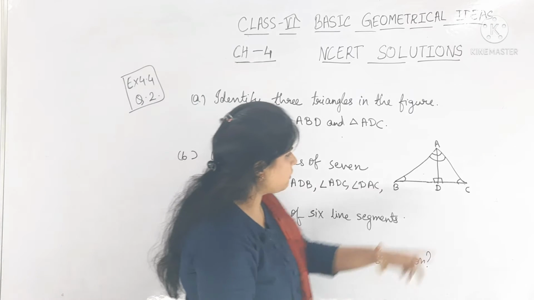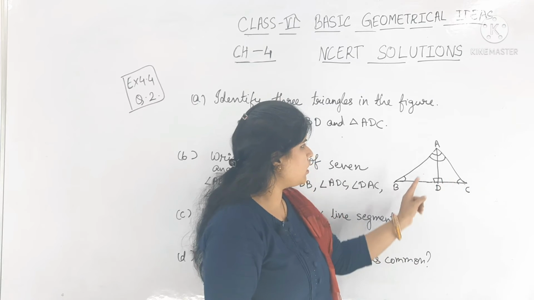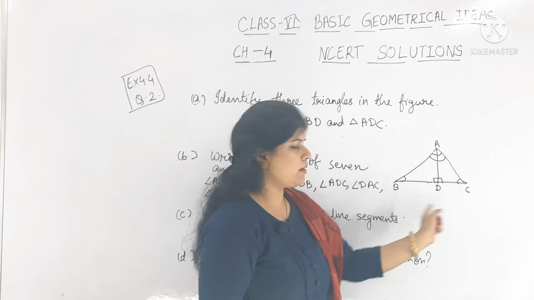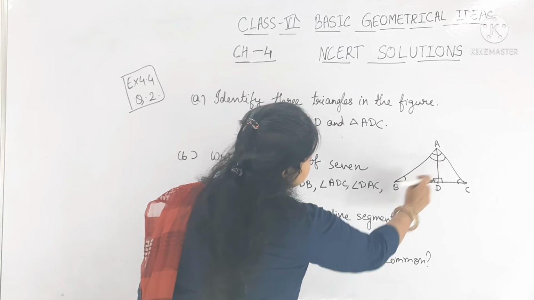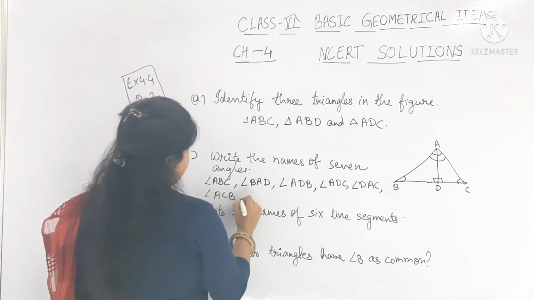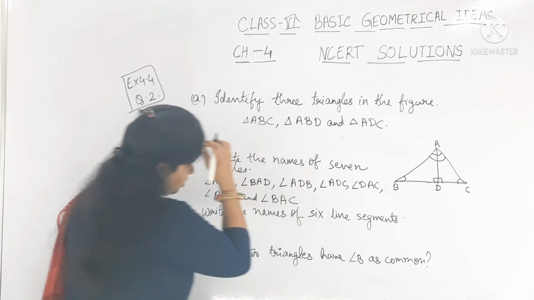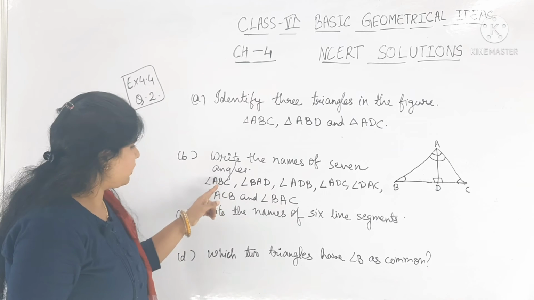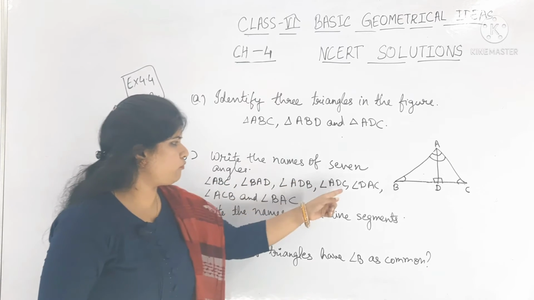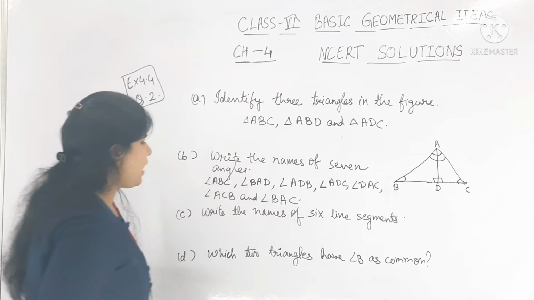You can write ACB or ACD, the same angle, this is the common angle, and here you can see ABD or ABC, you can take any one, and this angle is BAC. So here you can see these are the total 7 angles. Let's count. 1, 2, 3, 4, 5, 6 and 7, right? So these are the 7 angles.